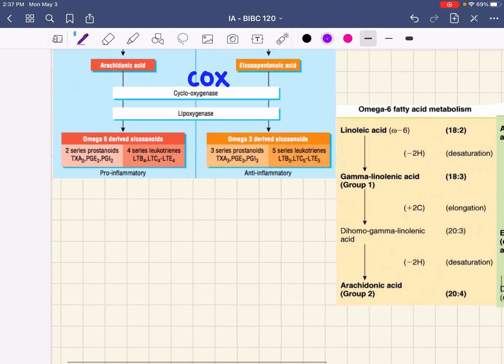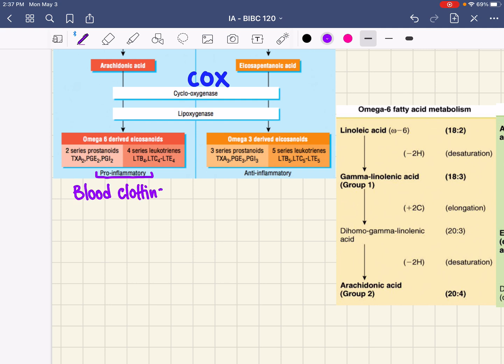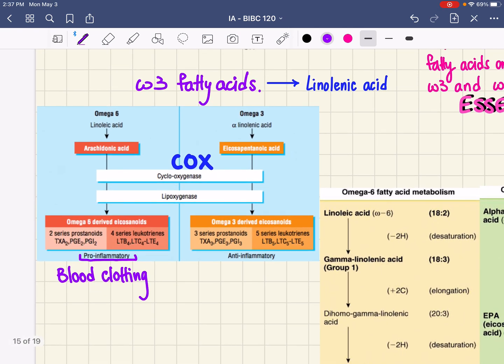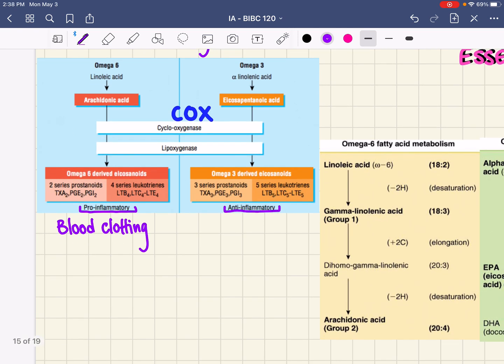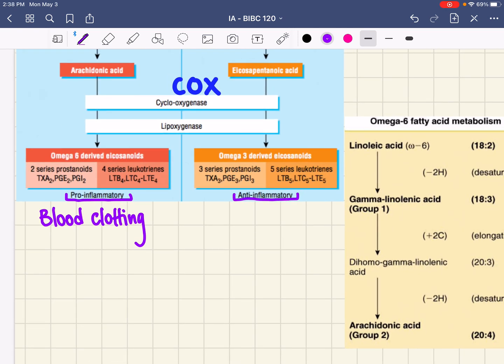So arachidonic acid gives rise to pro-inflammatory molecules that are blood clotting, and omega-3 linolenic acid gives rise to anti-inflammatory molecules that are blood thinning.